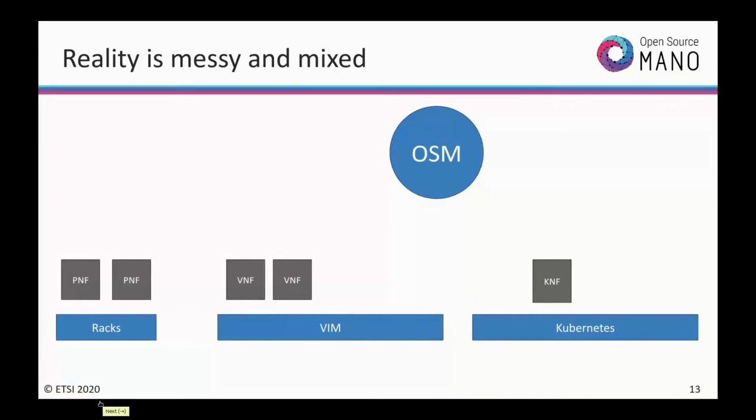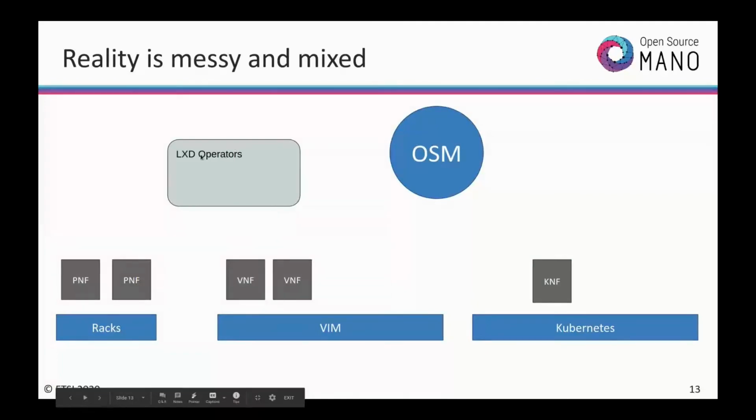We're going to need to be designing for environments where there are some PNFs. There's strange network configurations. There's odd routes in between here and there. There's going to be virtual functions. There's going to be OpenStack. There may be Azure. There may be Fog5. There may be Amazon Web Services. There may be all of these different places where things happen. There's different Kubernetes clouds. They're located in different places. And OSM is designed to be able to manage all of these.